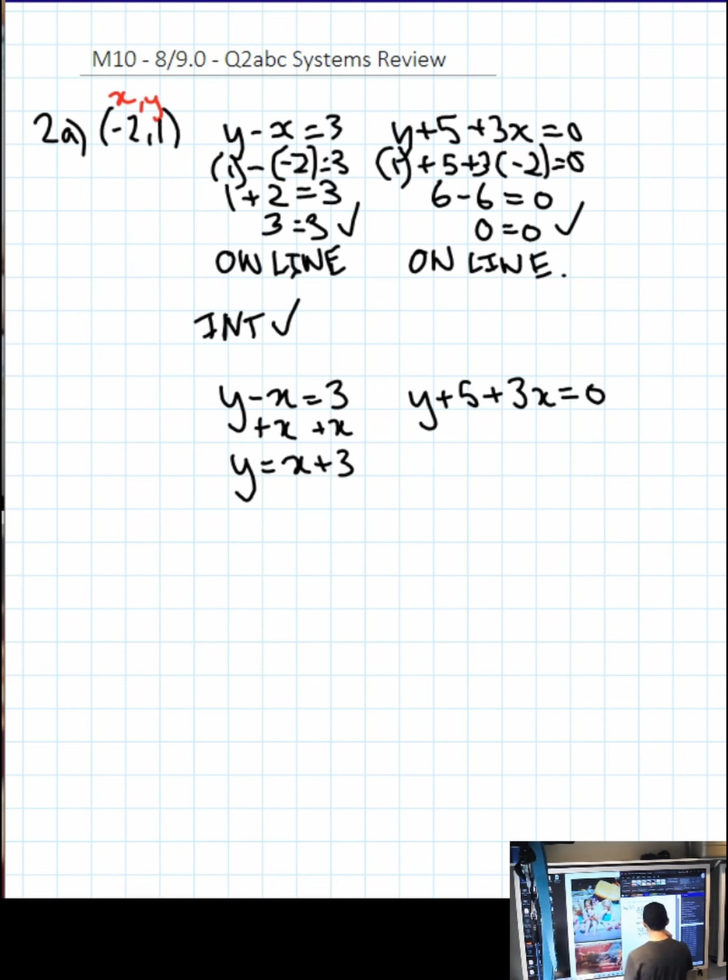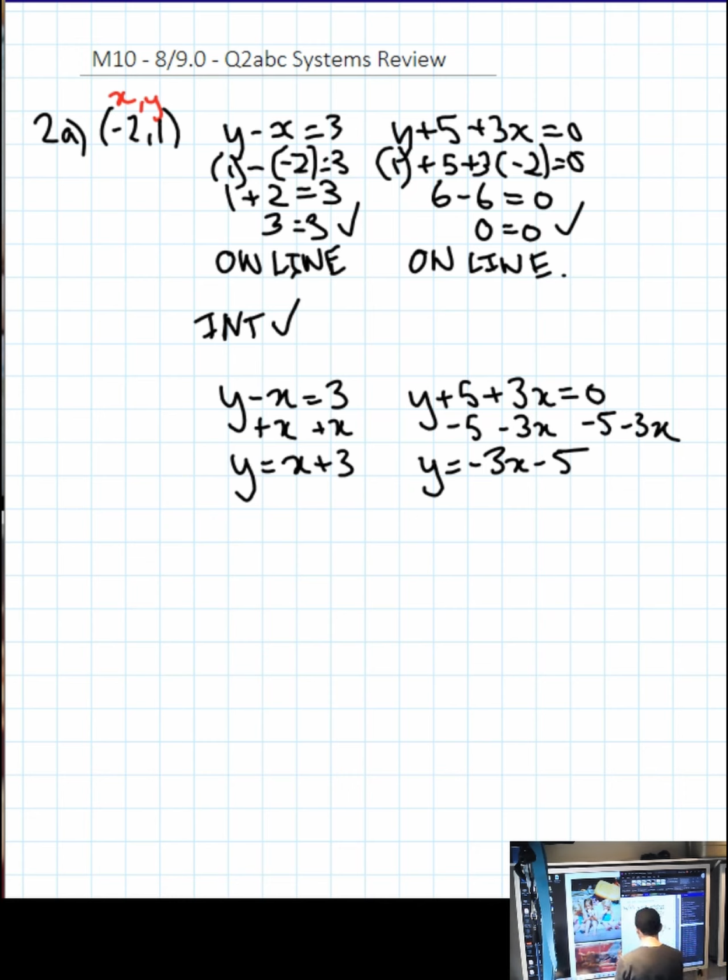And in the equation on the right, if I subtract 5 and 3x from both sides, and put it in y equals mx plus b form, y equals -3x minus 5. Okay, so now let's find out that this point is the intersection of these two lines.